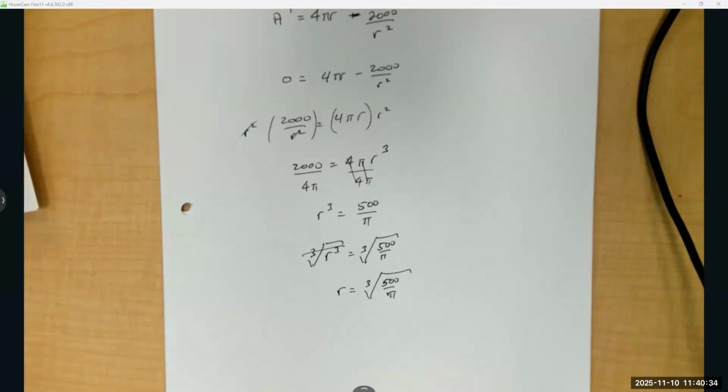What do y'all think? I'm gonna calculate it. Let's see. Let me do my computer here.